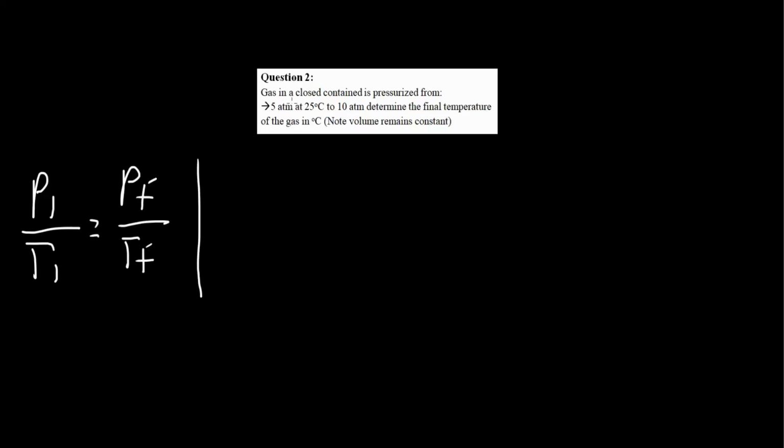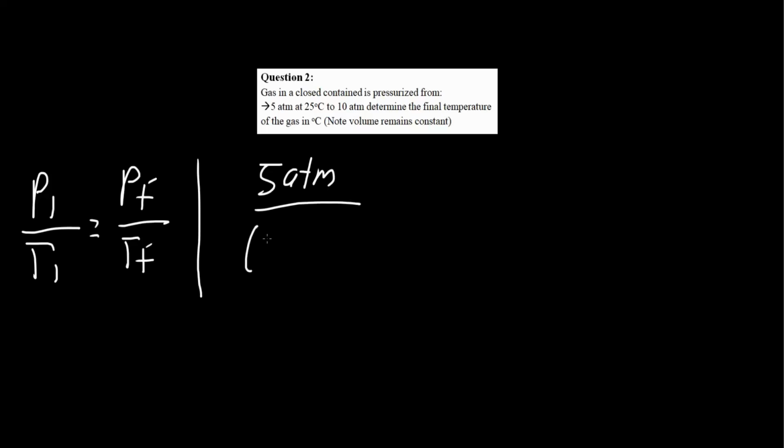So let's go back to the equation. It's going to be P initial divided by T initial is equal to P final over T final, where both our temperatures have to be in Kelvin. We know that the initial condition is 5 atm at 25 degrees Celsius. So pressure is 5 atmospheres divided by temperature.